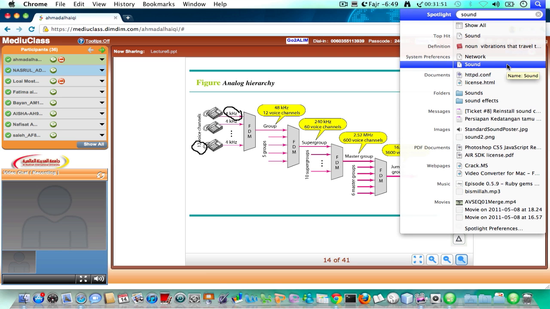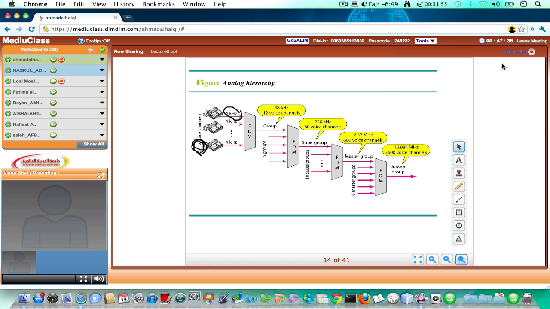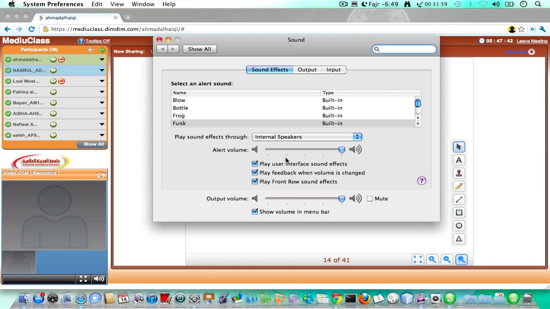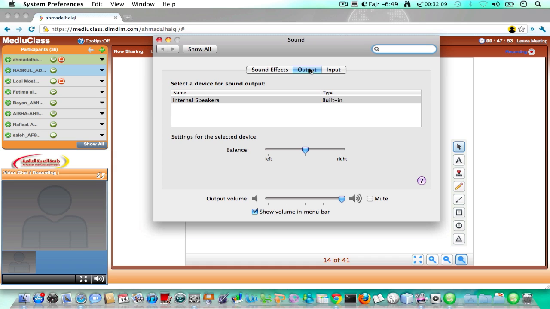So the company will take 12, this number on the left, 12 voice channels, and will multiplex them using FDM into one group. This is called a group. This is a combination of 12 voice channels.